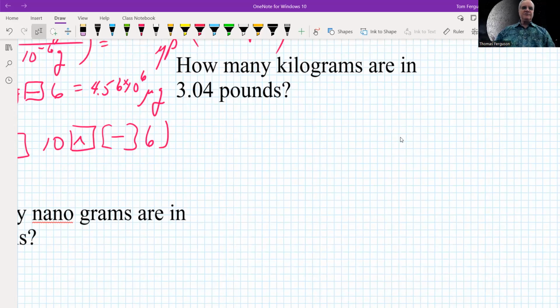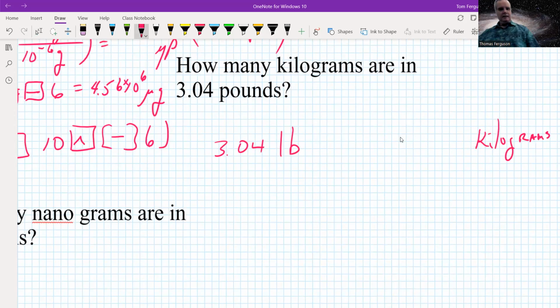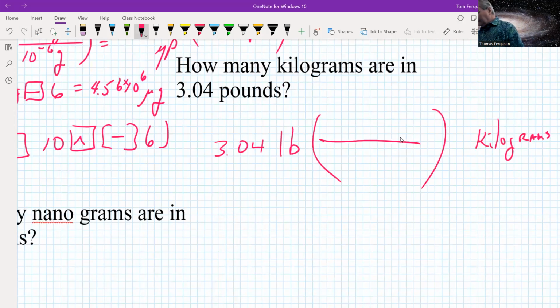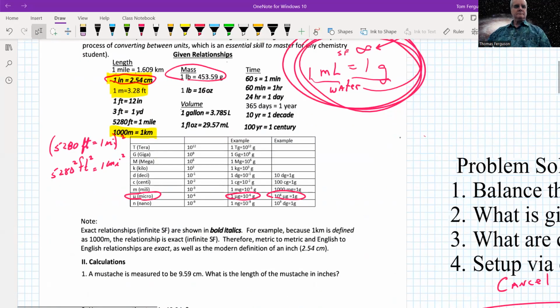Similar problem. How many kilograms are in 3.04 pounds? Let's do that one. Okay. So what is given? 3.04, right. And we're trying to calculate what? Okay, so we need a conversion factor. Pounds have got to cancel. Kilograms on the top. So we find a conversion factor going from pounds to kilograms.